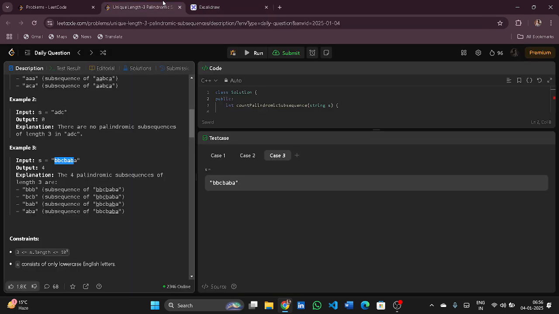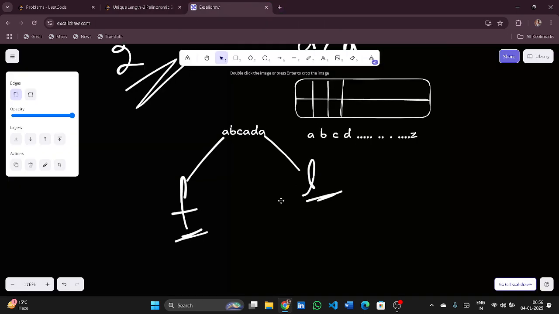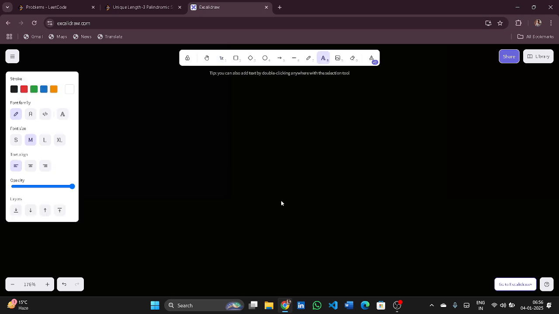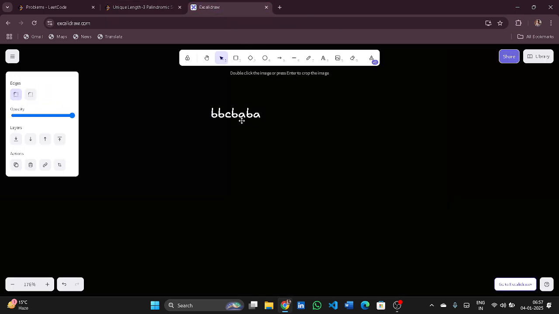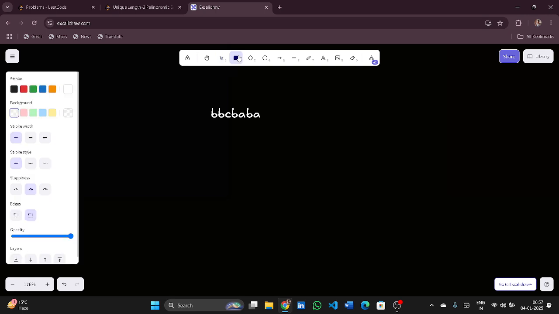Let me take an example: B, B, C, B, A, B, A. Now at this index, you need to get the first character and the last character. There are only three, so I'll be constructing for only three. So wait a second.